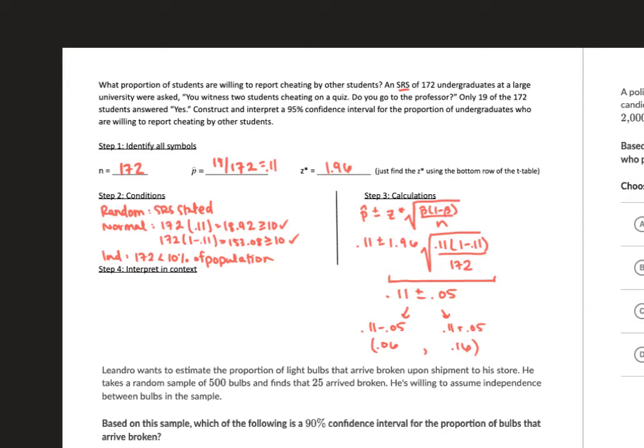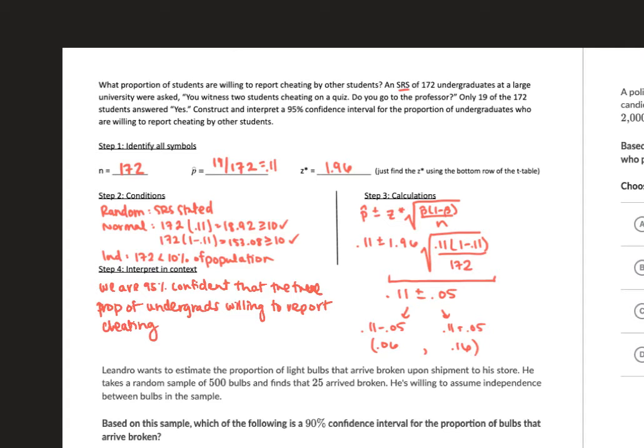Lastly, interpreting in context, we're going to say we are 95% confident that the true proportion of undergrads willing to report cheating is between 0.06 and 0.16.